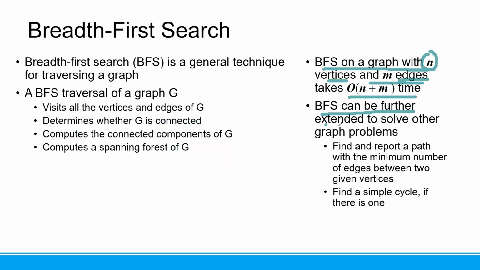BFS can be further extended to solve other graph problems. For example, you can find and report a path with the minimum number of edges between two given vertices. So we can select the best minimum number of edges. And we can also find a simple cycle if there is one. It's similar to DFS.